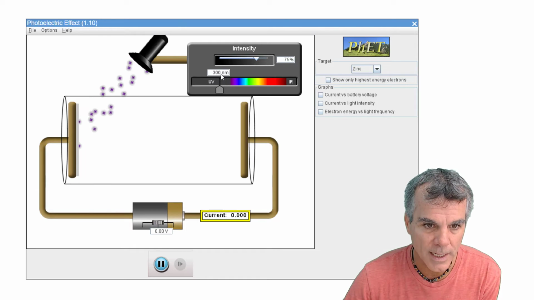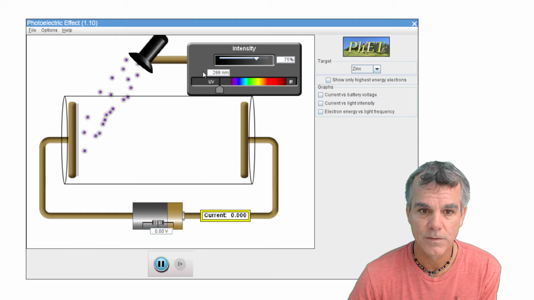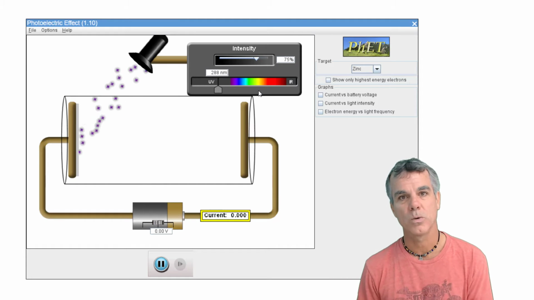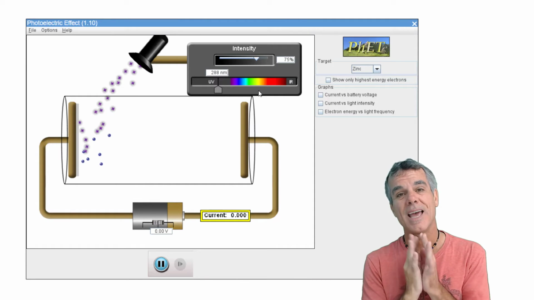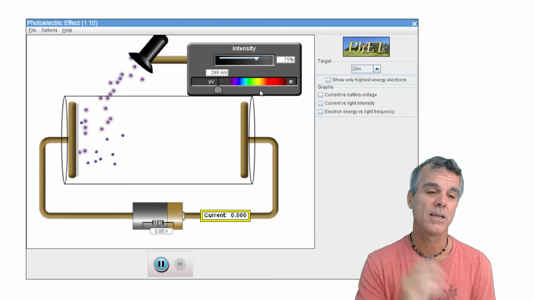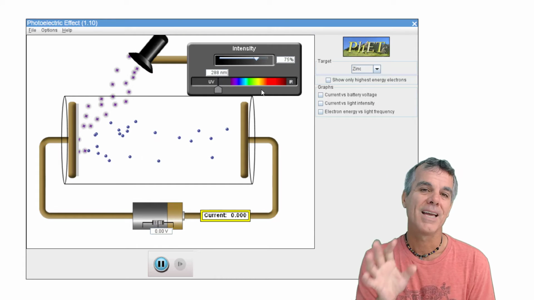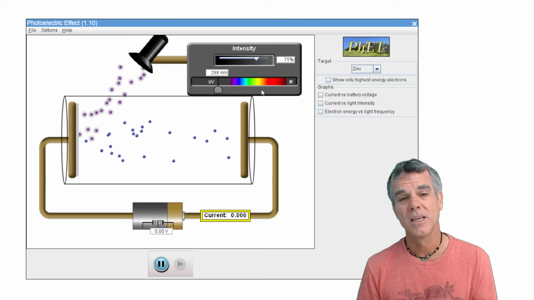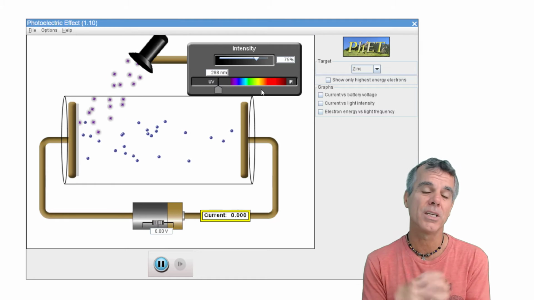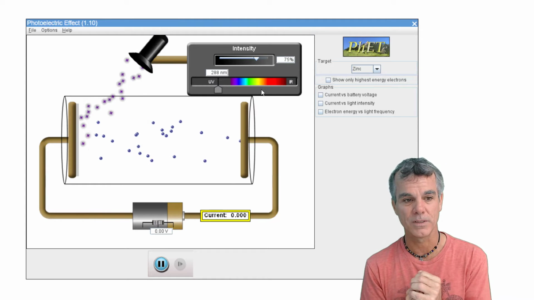So 288 nanometers for zinc is the threshold wavelength. And that light has enough energy to cause electrons to be ejected. At 288 nanometers, the light has just enough energy to eject electrons from the surface of the zinc.